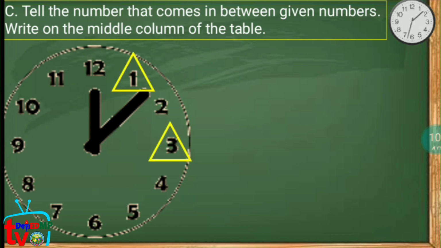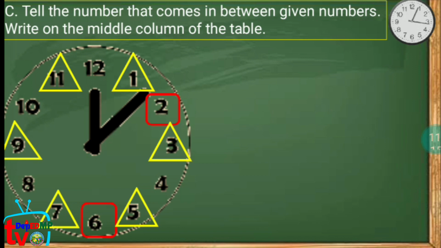Tell the number that comes in between 1 and 3. 5 and 7, 9 and 11.